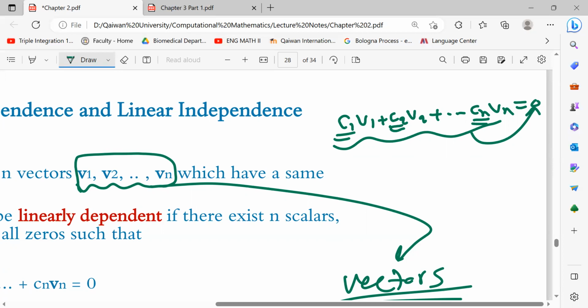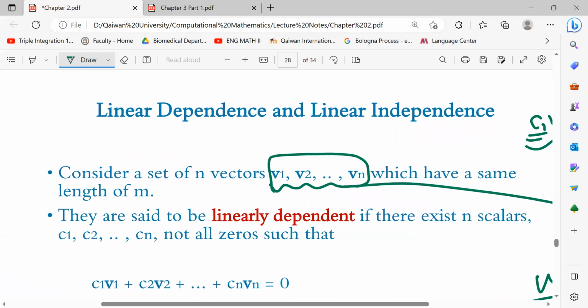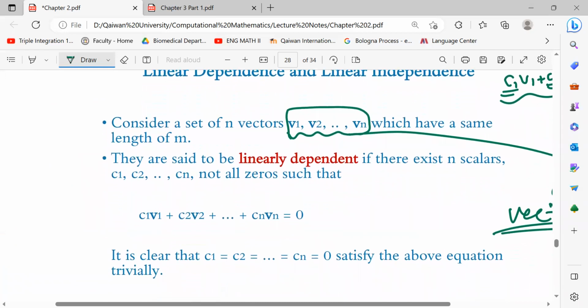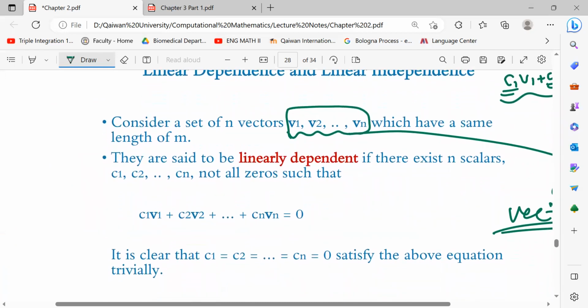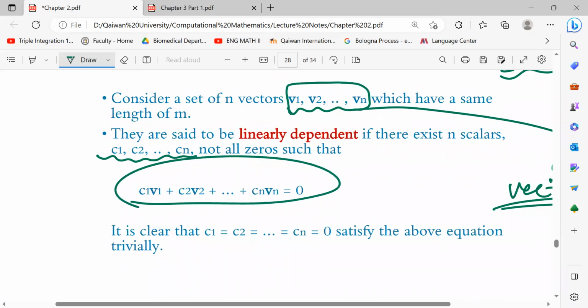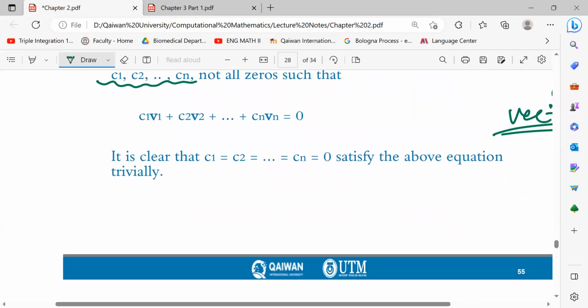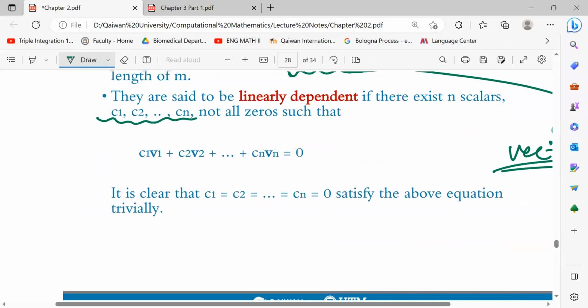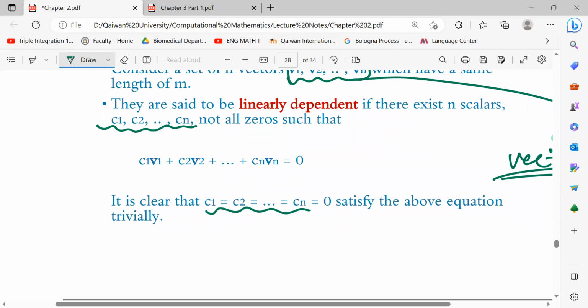But if the sum is 0 only when all the constants are 0, if we have only this solution, we say v1 up to vn are linearly independent.